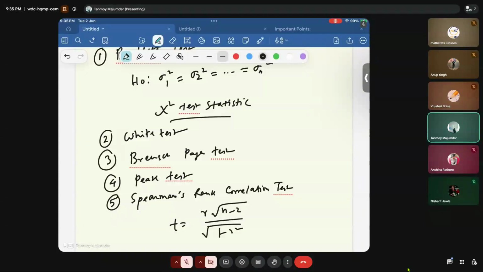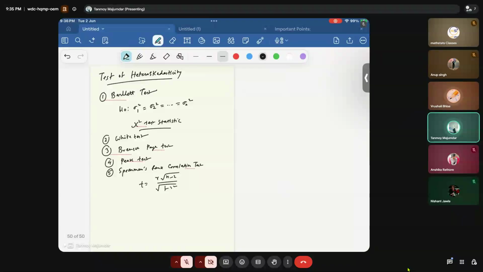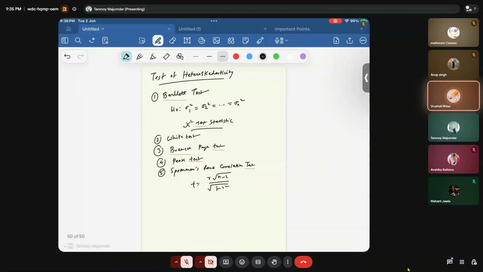Okay, so these are some important tests. You can look up which tests are used for detecting a heteroscedastic model. Question: the statistic T distribution will follow how many degrees of freedom, based on the number of parameters? Could you please tell that once again?